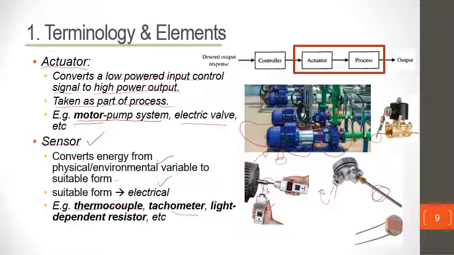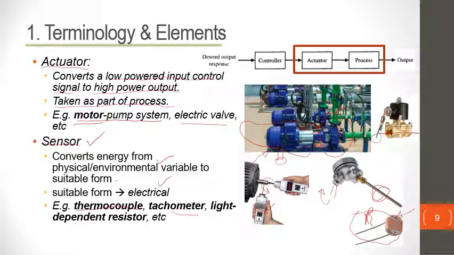And sometimes the sensor can be as simple as a light dependent resistor, an LDR. A light dependent resistor simply detects the amount of light that's available around it. It converts that amount of light into an equivalent value of resistance. So the resistance of the light dependent resistor is related to the amount of light it is exposed to.